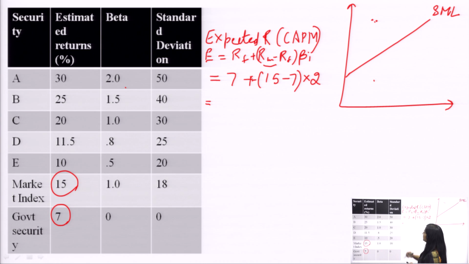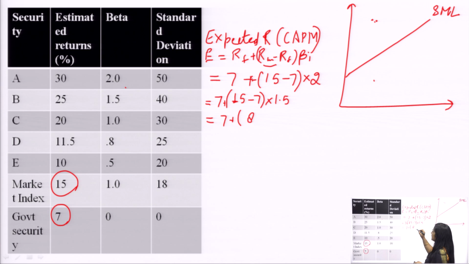Similarly, for security B, what will we do? We will use the same thing, 7 plus 15 minus 7 into the value of beta, which is 1.5. Similarly, it is 7 plus 8, I am writing 8 here because every time I would be writing the same thing.